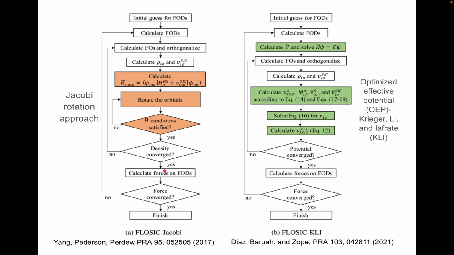Once self-consistency is reached, the FOD force gets computed, and the same process will be repeated until the force on the FODs converges. So that is what is being done in the Jacobi rotation approach. But there are other flavors of the FLOSIC code.